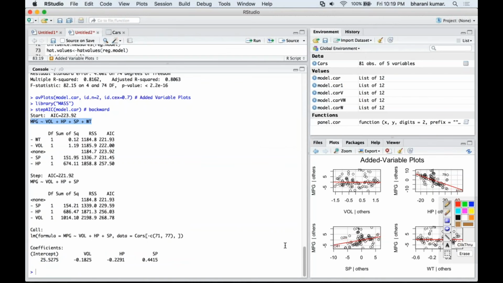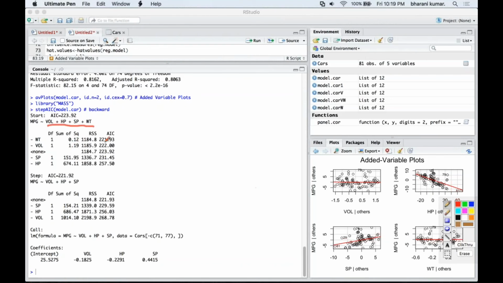For the first time, it is building the model using all the inputs. And this is your AIC value, Akaike information criterion. For the second time, it is removing the first entry, weight. So your step AIC is also saying that weight has to be deleted.